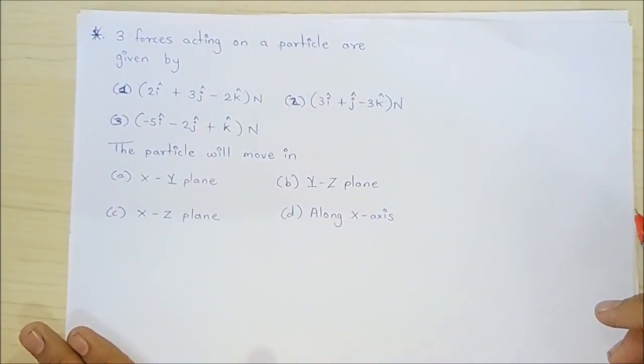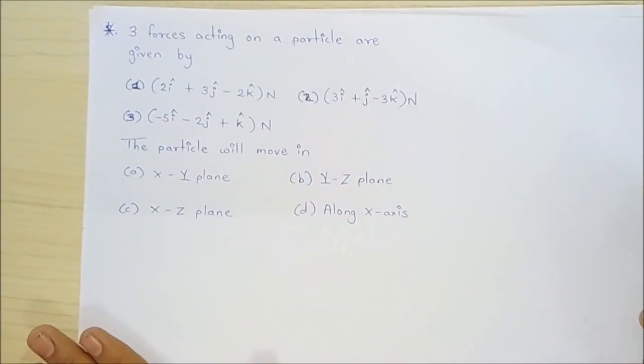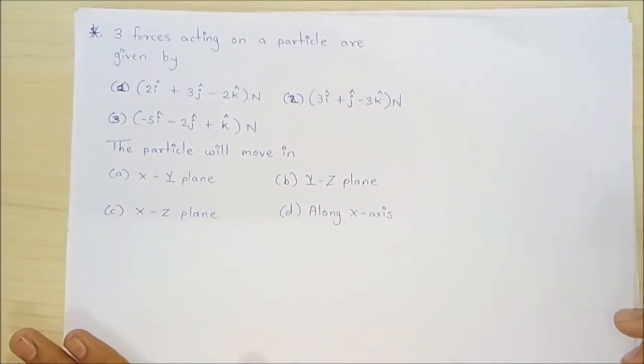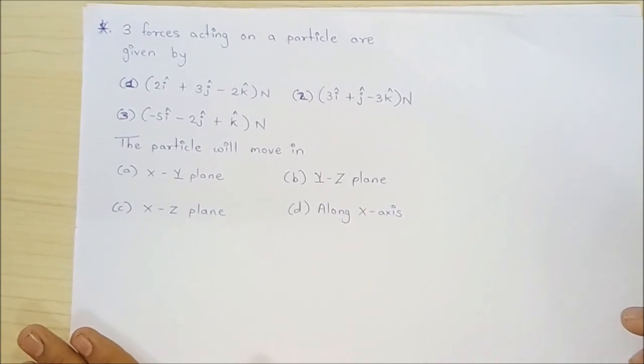Three forces acting on a particle are given by 2i plus 3j minus 2k Newton, 3i plus j minus 3k Newton, minus 5i minus 2j plus k Newton. The particle will move in?